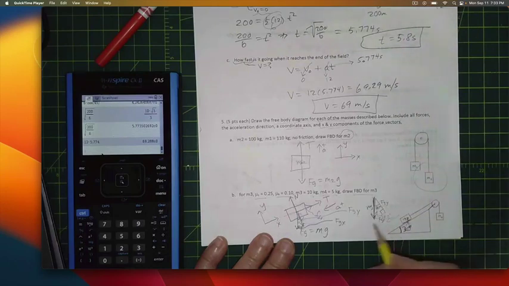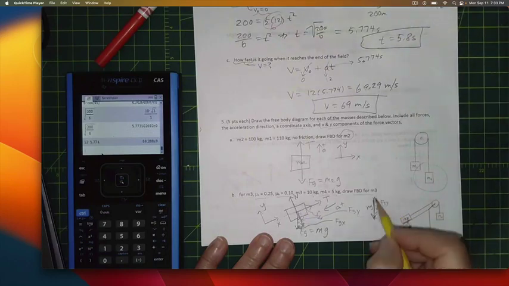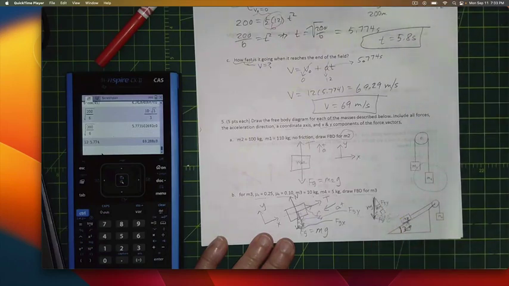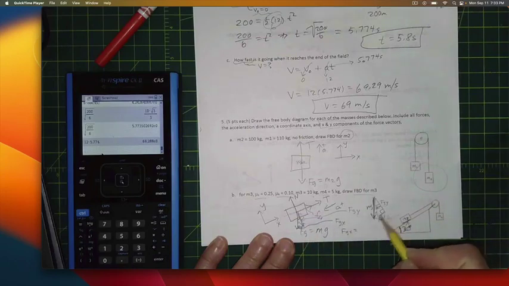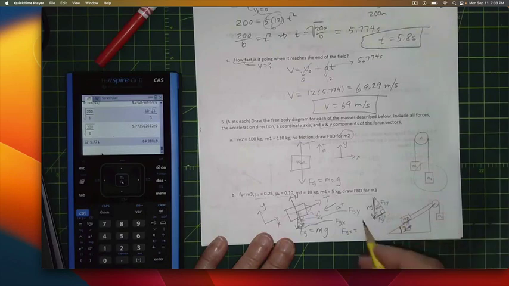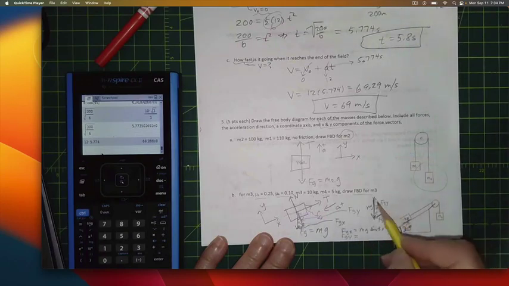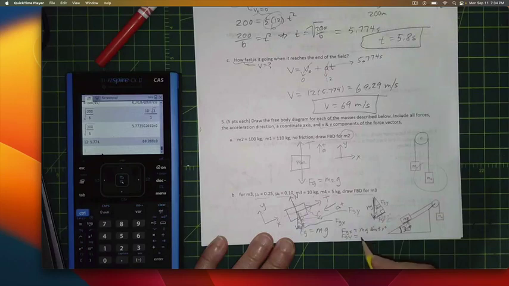Generally the slope angle will be the angle between mg and F gy. And so getting the components, F gx is opposite the angle, so it's going to be mg sine 30, and F gy is next to the angle, so it's going to be mg cosine 30.